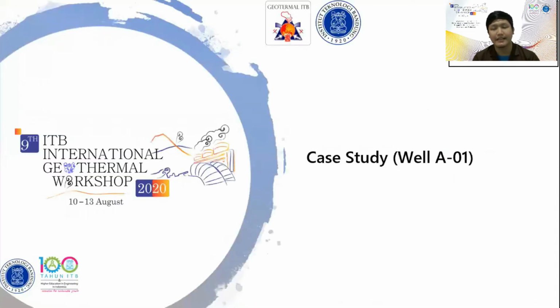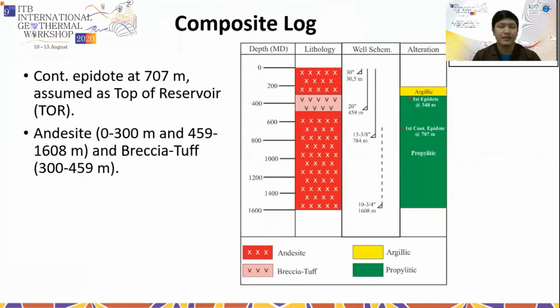Next is the case study that consists of the well data used in this research, and well A01 is used in this research. We have the composite log of well A01. From the composite log, the continuous period is at a depth of 707 meters and is assumed as the top of the reservoir.